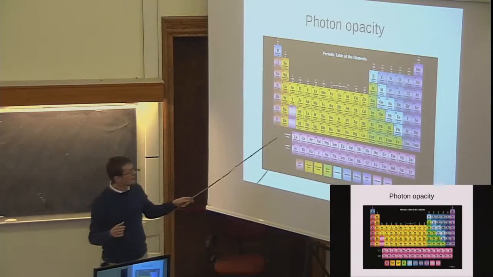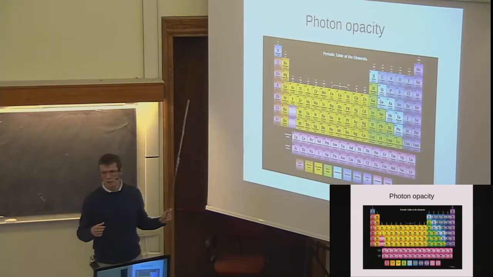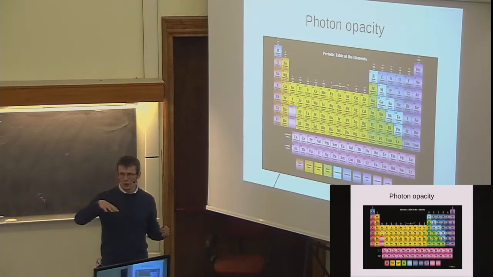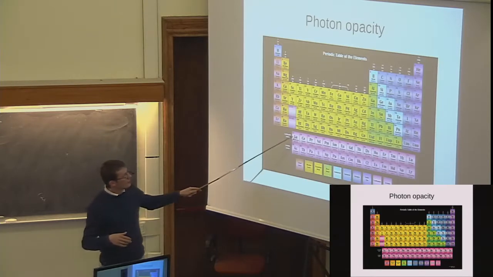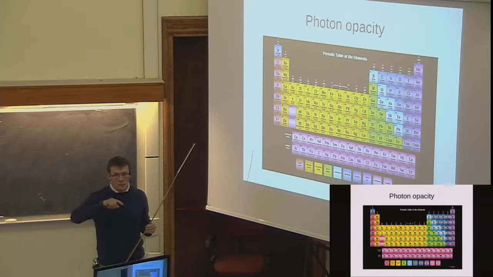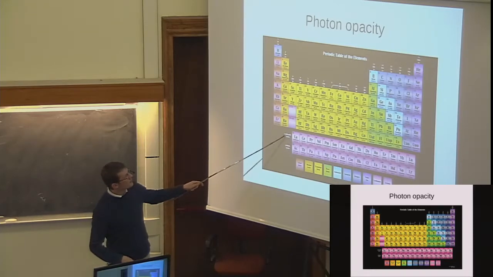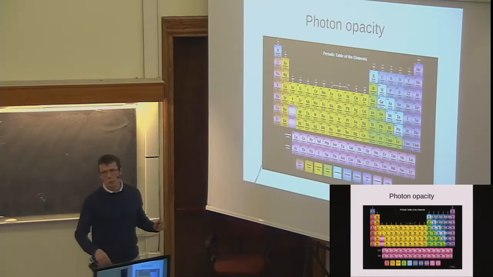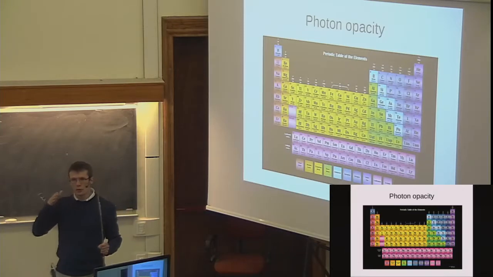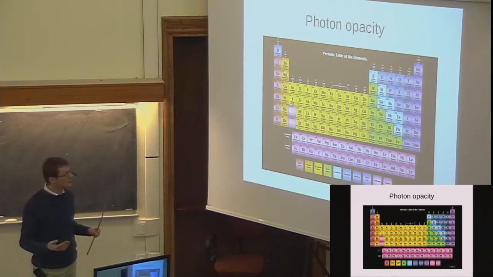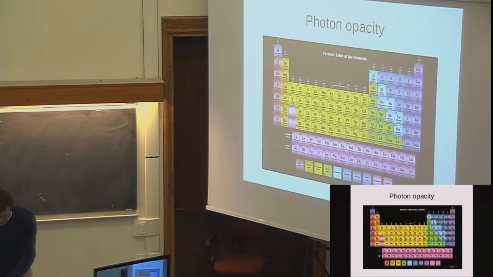This means that, especially when these atoms are not fully ionized and you have a lot of shells that are only half filled or totally filled, whenever photons encounter one of these lanthanides and actinides, there are millions of possible interactions that this photon can have with the atom. So whenever you start having lanthanides and actinides, the opacity, the capacity of the photon to interact with the atom, increases by at least an order of magnitude, potentially.